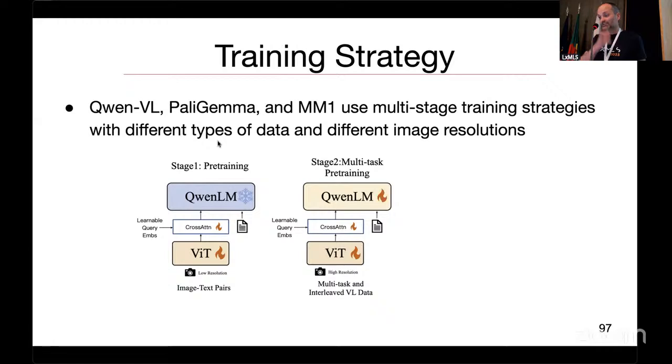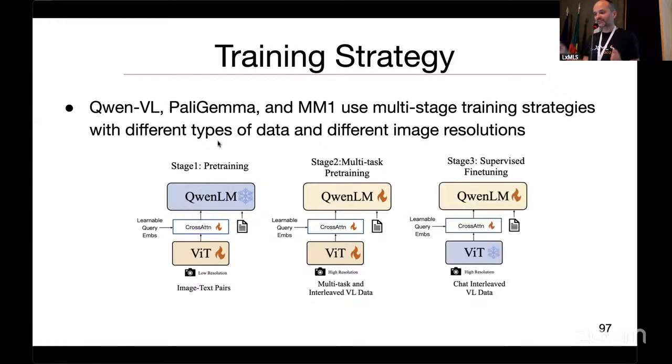And then in stage 2, they would have what they call multitask pre-training in the visual space, where you now might unfreeze the language model because you want it to start learning about the properties of the domain of multimodal data you're working on. And in this case, you could also try increasing the resolution of the image data, because maybe you think, I want to work with medical images, or I want to be able to do really fine-grained recognition of small objects, or maybe OCR.